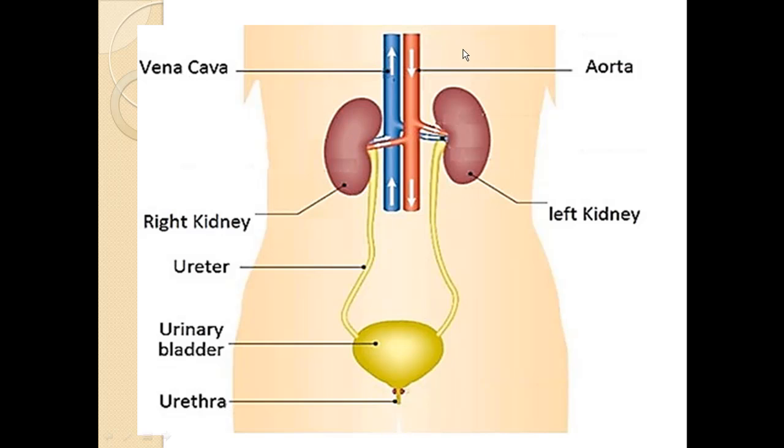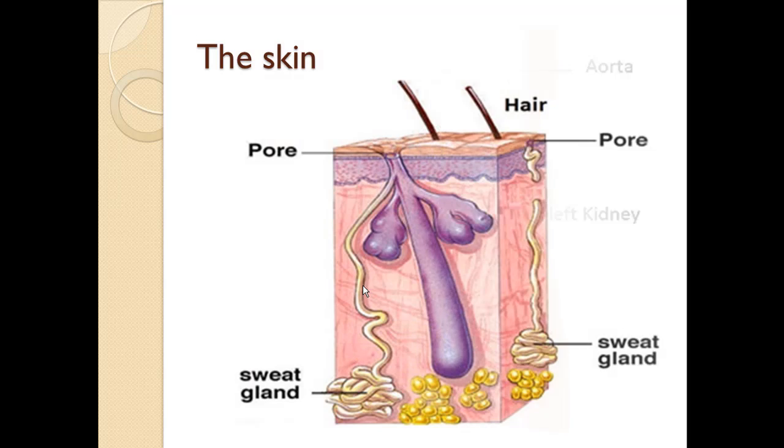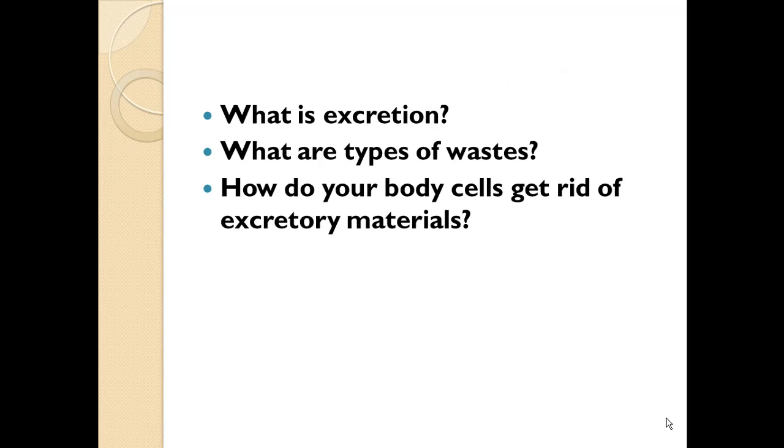I will stop at this part here, and I need to sum up with you the lesson we took. First, what is excretion? It is a process by which your body gets rid of its waste. The second question was, what are the types of waste?